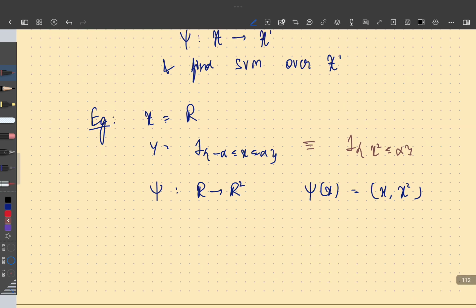Which means that the class of linear classifiers over this R2 with this particular embedding can actually achieve zero generalization error.